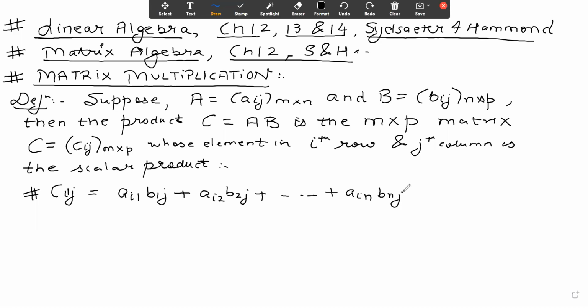Okay, so now this is the definition, but you will understand this in a better way when I actually show you the multiplication in numericals.